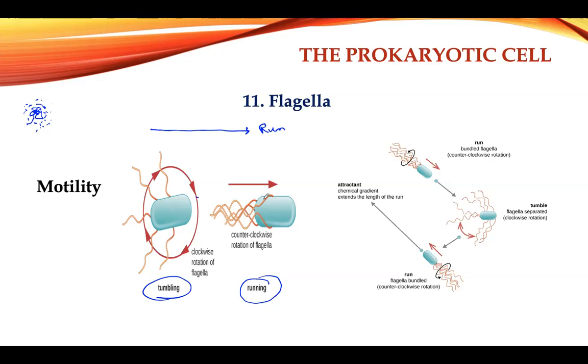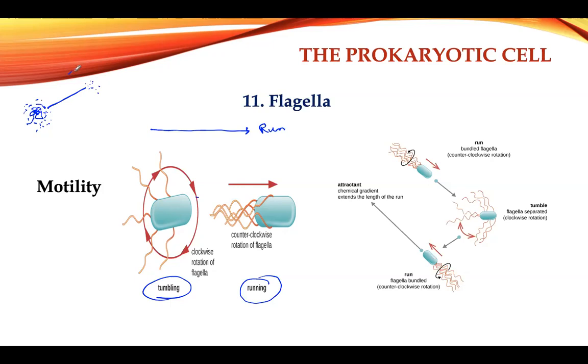Okay, counterclockwise or anti-clockwise, they move their flagella to go straight. So in the case of peritrichous flagella, all the flagella gather at one place, and then they very quickly move that tuft of flagella anti-clockwise, and by that they can just go straight. So if they start moving from here, they are going, let's say, this direction, and over here we have bleach again. So they want to go that side.